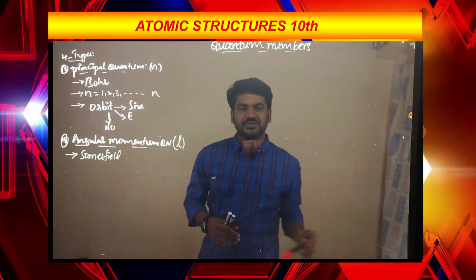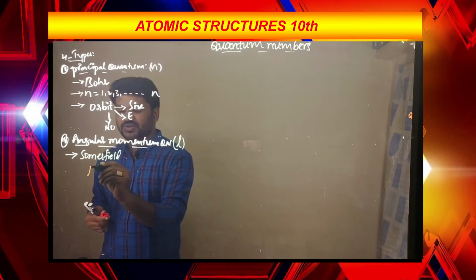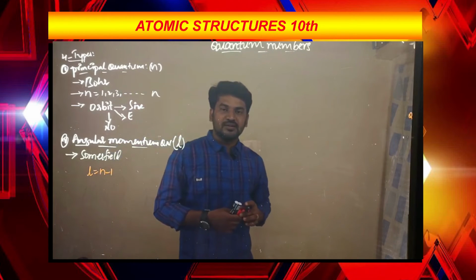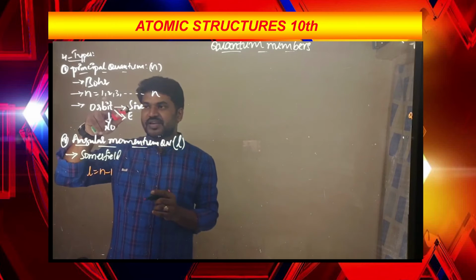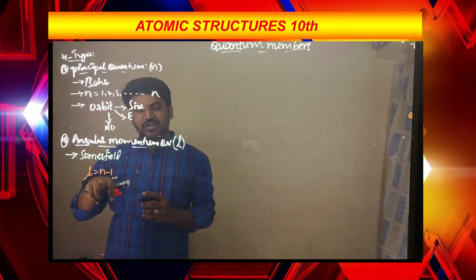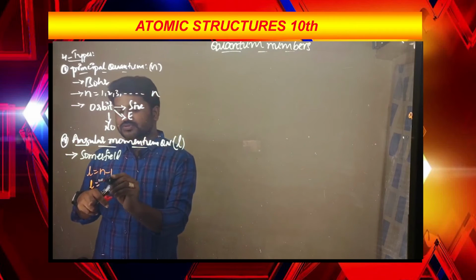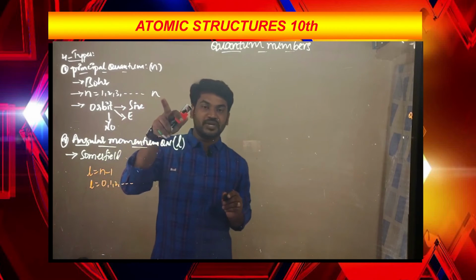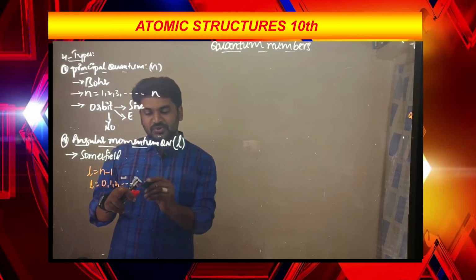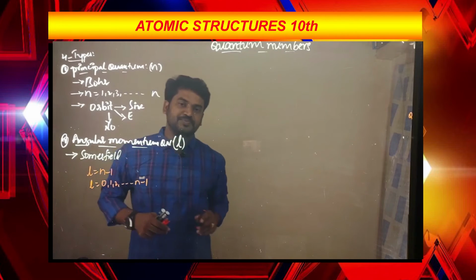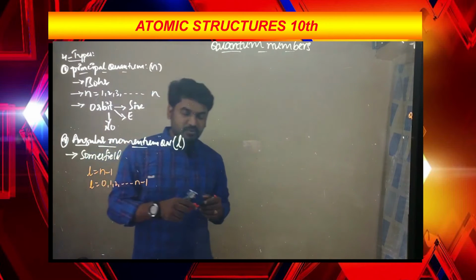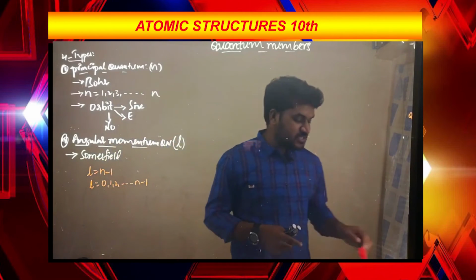And the L values are up to n minus 1. That means here n starts from 1 onwards, so the L value starts from 0, 1, 2, and so on up to n minus 1. What information does the angular momentum quantum number give us?